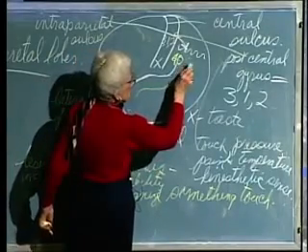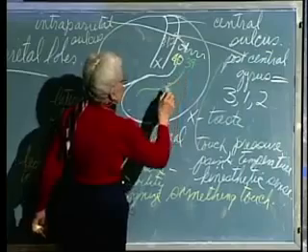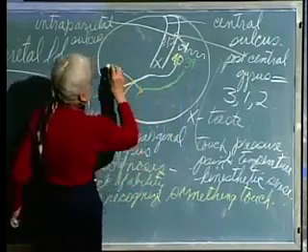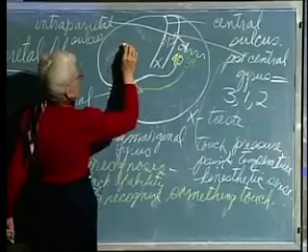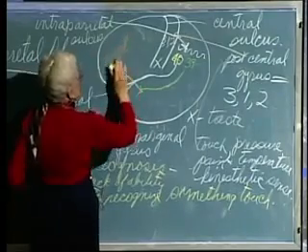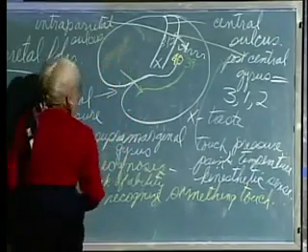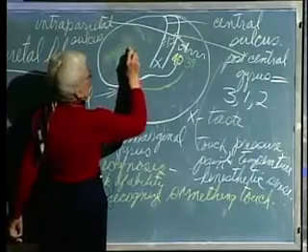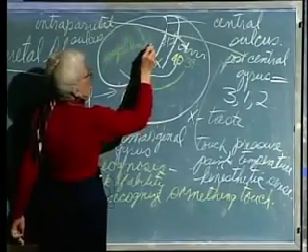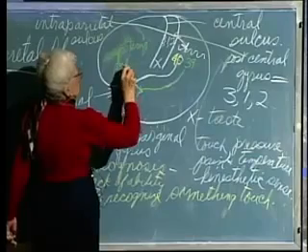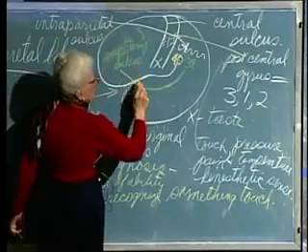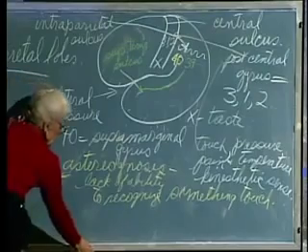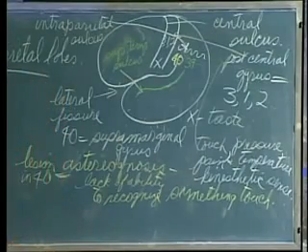This will be area 39. This one is my superior temporal sulcus. Keep getting too much yellow chalk. Coming to 39. 39 is what is known as the angular gyrus.